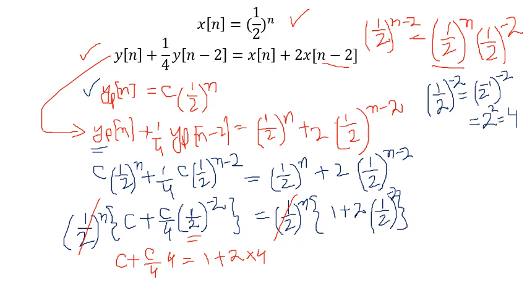So 4 cancels with 4, c plus c is basically 2c, and this is equal to 2 fours are 8 plus 1, 9. So that means c equals 9 by 4.